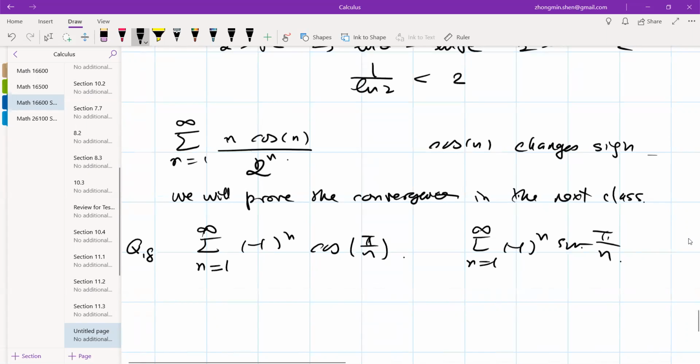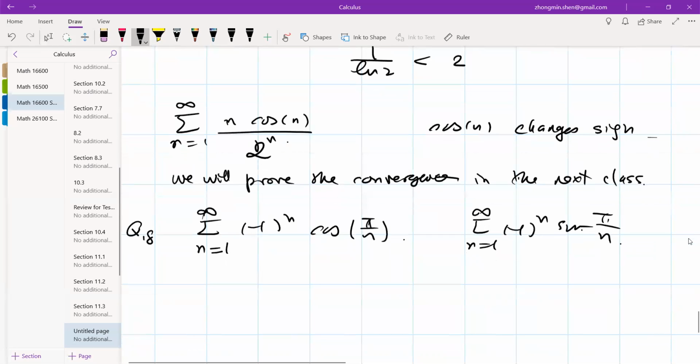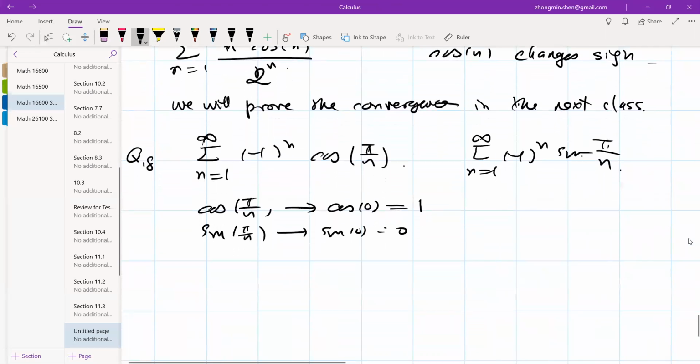Yeah, that's right. Okay, so first of all, you consider the first one, right? So cosine pi over n goes to cosine 0, which is 1. Sine pi over n goes to sine 0, which is 0. That makes a big difference. Okay, so clearly the first one is divergent.